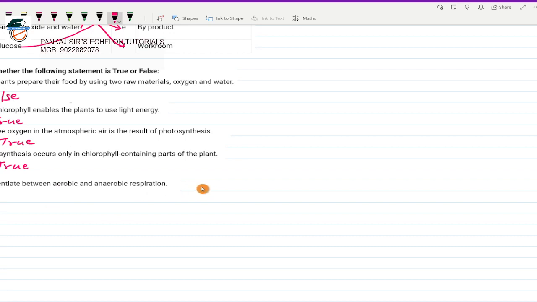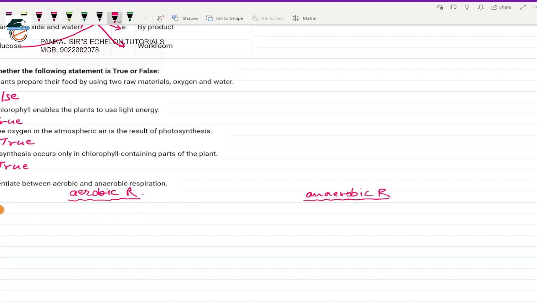So the answer will be written in this way. On the left hand side, I will write aerobic respiration, and here I'll write anaerobic respiration.